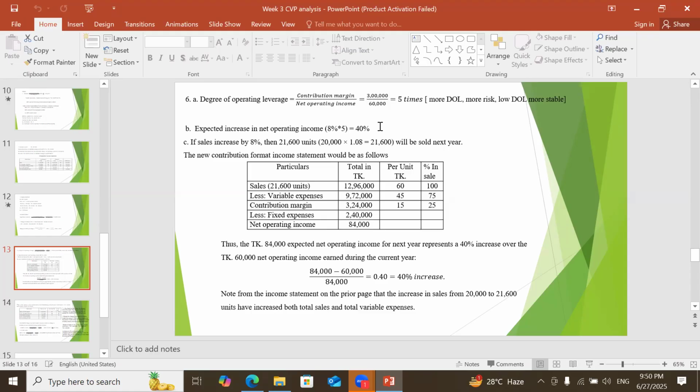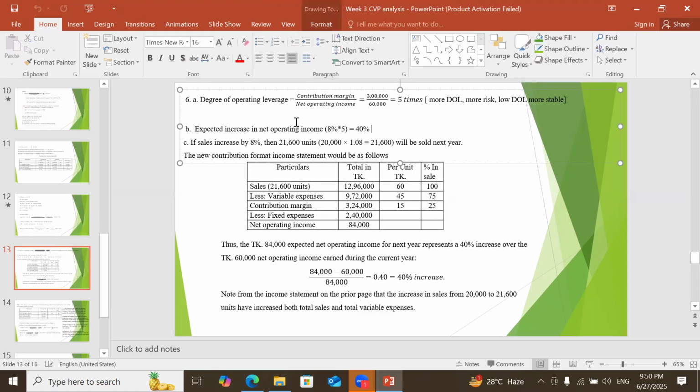Contribution format income statement, and this above is the formula method. You will get 40%. Now you will get 40%. Same figure. Okay. This is the contribution format income statement. This is the formula method. Okay. You clearly understand? Please anyone?